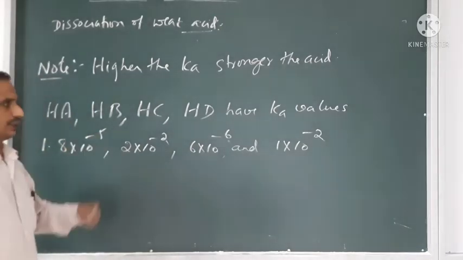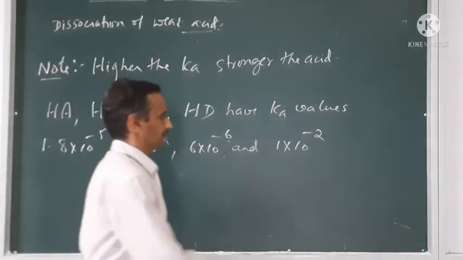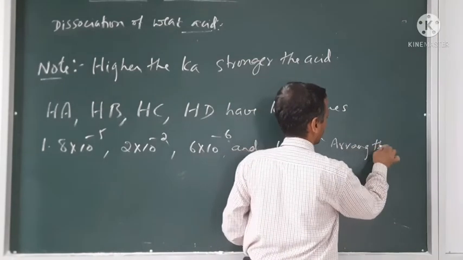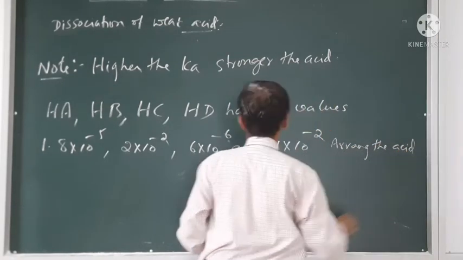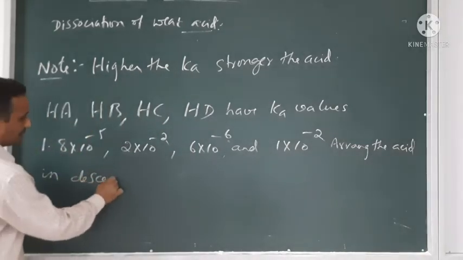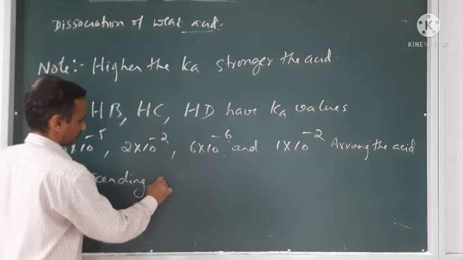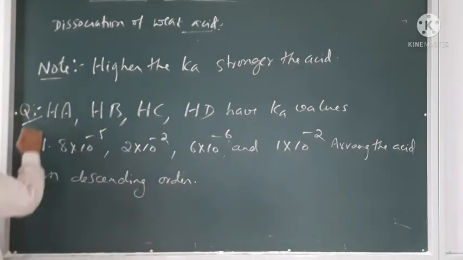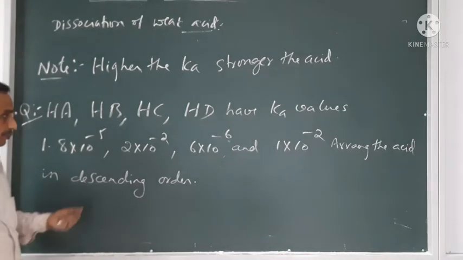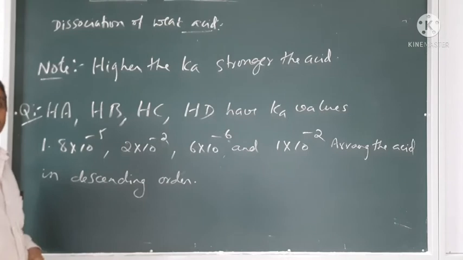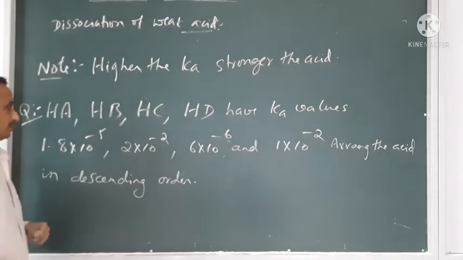Arrange the acids in descending order. This is the question. See, the Ka value you know. The highest Ka value will have the highest acid strength.